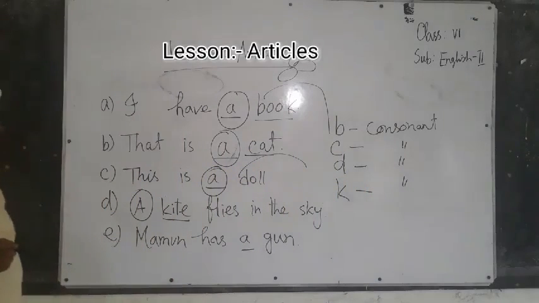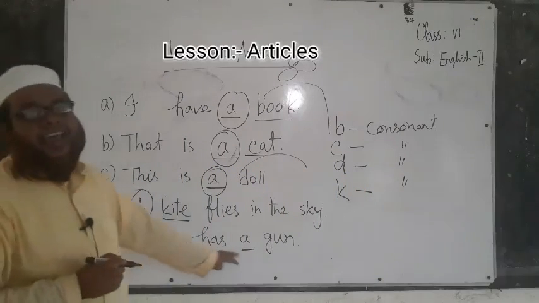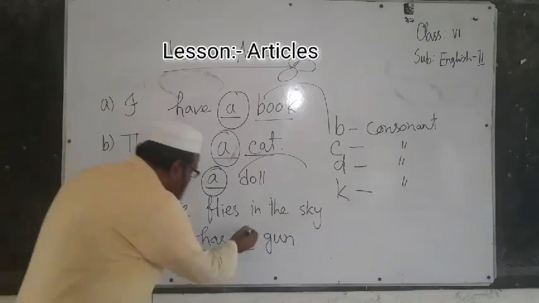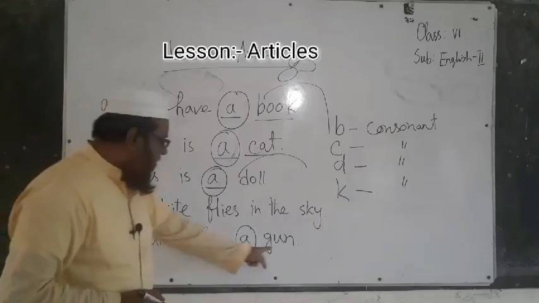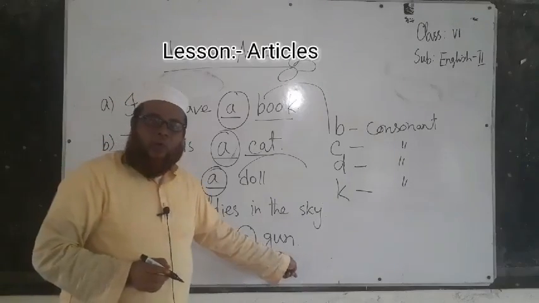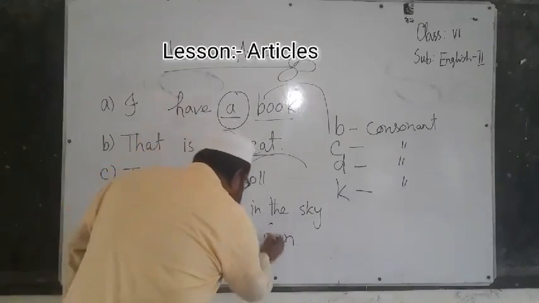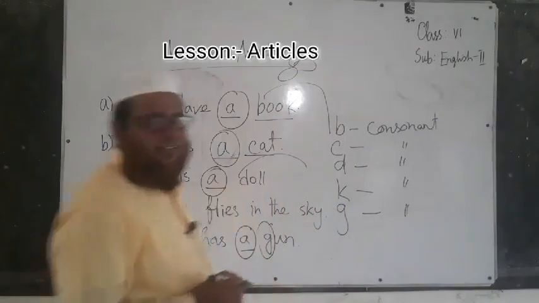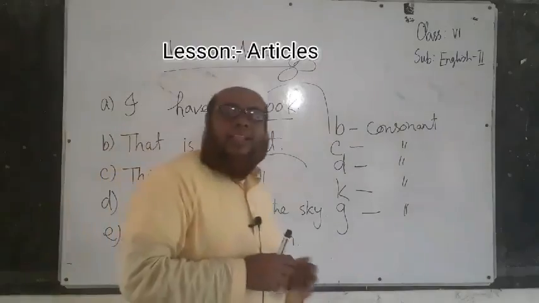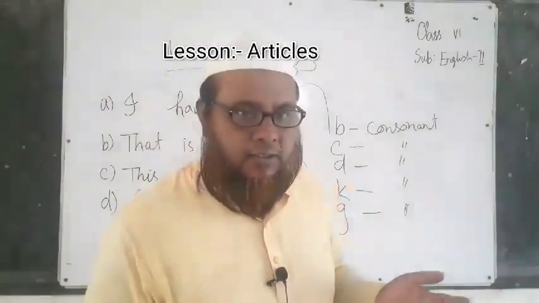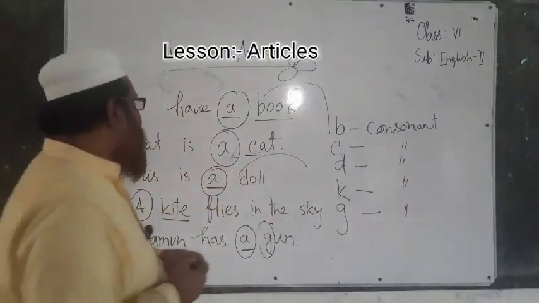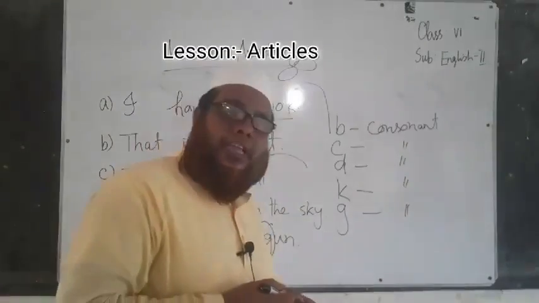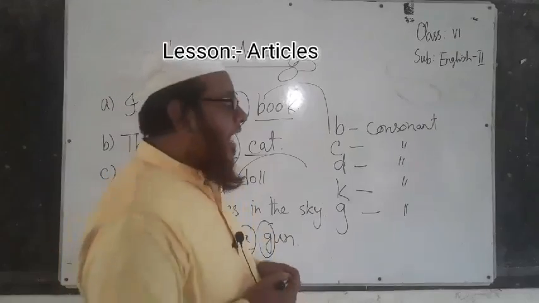In the last sentence, Mamun has a gun. Here a is the article, and it is used before the word gun, and the word gun starts with G, and G is also a consonant. From these 5 examples, what have we learned? We have learned that if any word starts with a consonant, we have to use the indefinite article a.